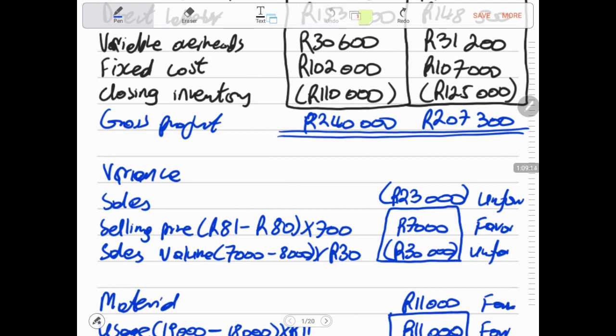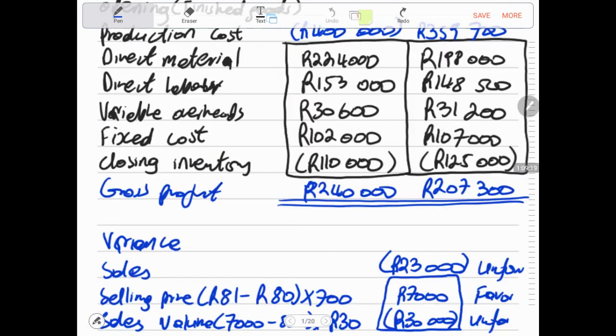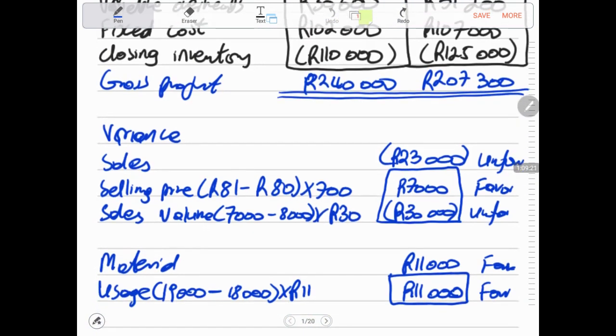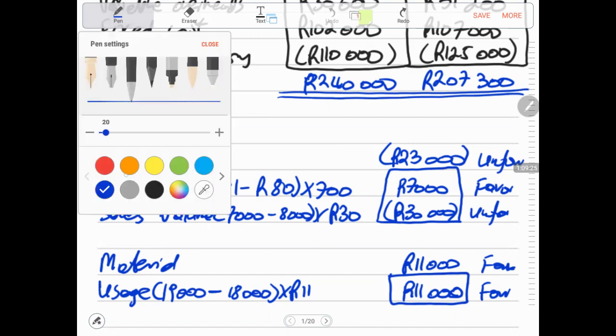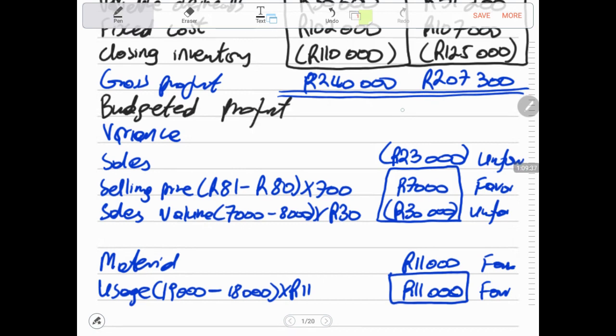Then I just say budgeted profit, and my budgeted profit is 240,000.